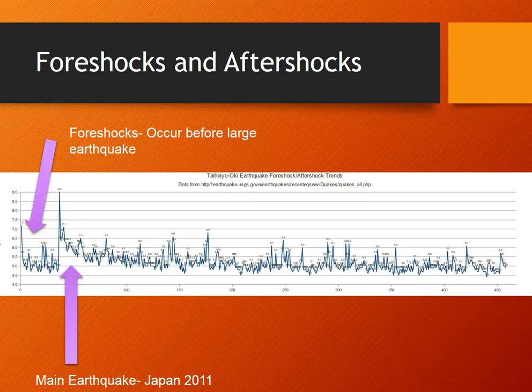Now, foreshocks are always smaller than the main quake, but sometimes they're really big. For instance, in this case, a week or two before this earthquake, there was a magnitude 7.2 earthquake. And that's a good-sized earthquake. And everybody was like, whoa, that's a big earthquake. Until the really big one happened.